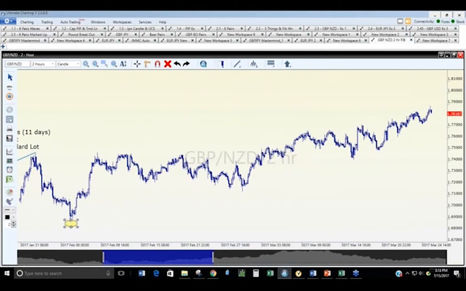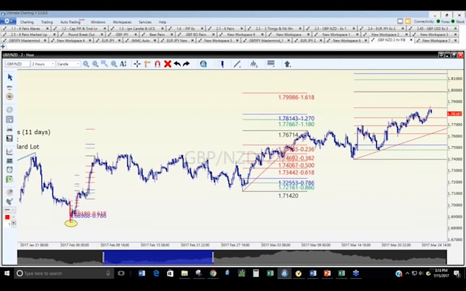I could continue to do this manually, but we've got a tool right here called Smart Fibonacci, where it will draw it. Maybe you're not sure if you drew it right, or if something else happened. Let me give an example. All you do is click on Smart Fibonacci, click on the tool, go to this low, and click on it, and look at this.